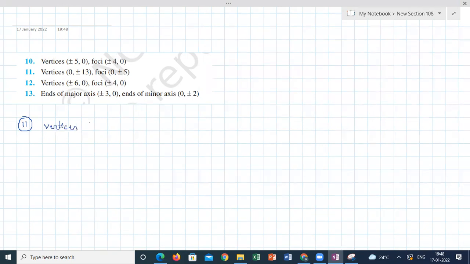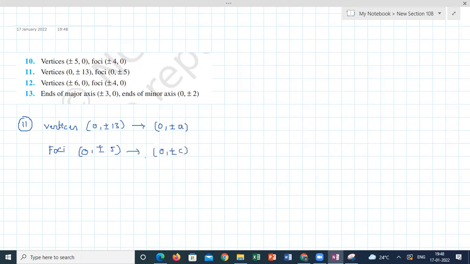Vertices 0 comma plus or minus 13, that is 0 comma plus or minus a. Foci 0 comma plus or minus 5, that is 0 comma plus or minus c.